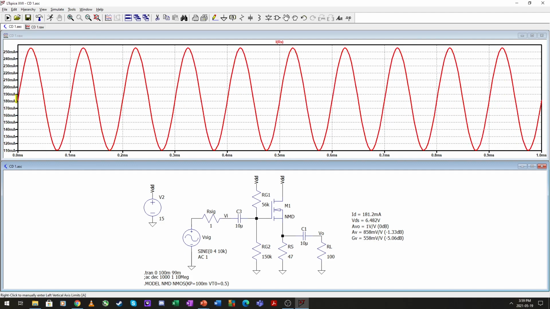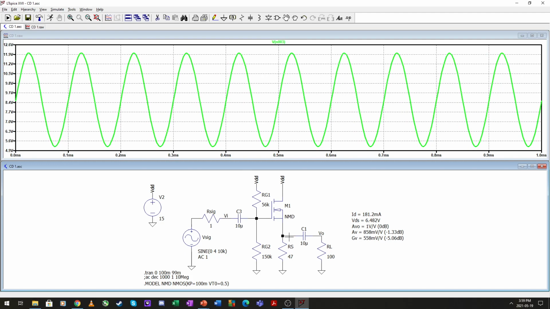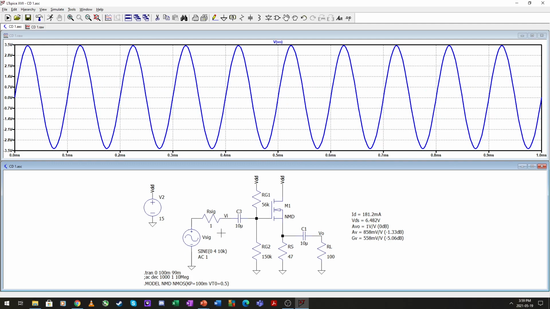Current, here in the center we have 180, and if we subtract this from 15, we get our 6.5 volts roughly. So our amplifier correlates quite well with what we analyzed.